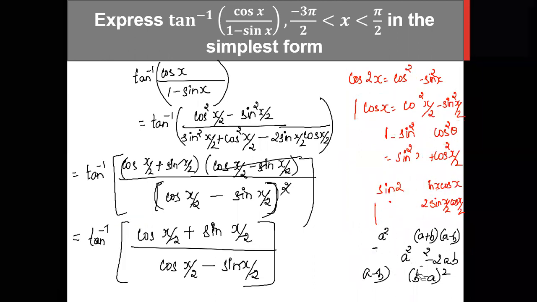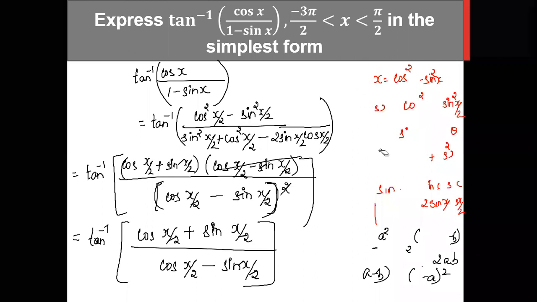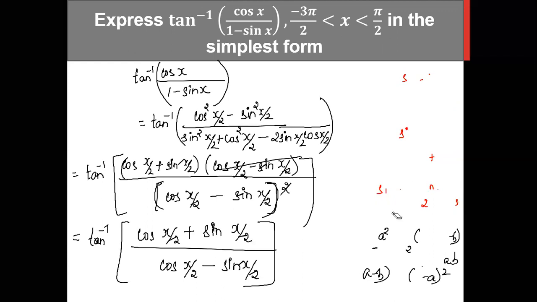So what we have to do here, what we have to do, so we have to divide by which term? Cos x by 2. So divide by cos x by 2, both the numerator and denominator, and get me the answer, students. I'll erase these things.